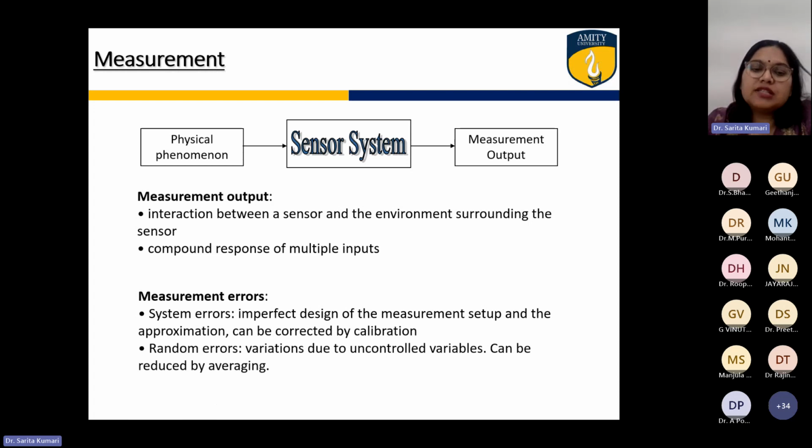Systematic error is due to the design of the instrument, or the material used in the instrument, or if no calibration is done. Whereas random errors are unknown and you cannot control them.